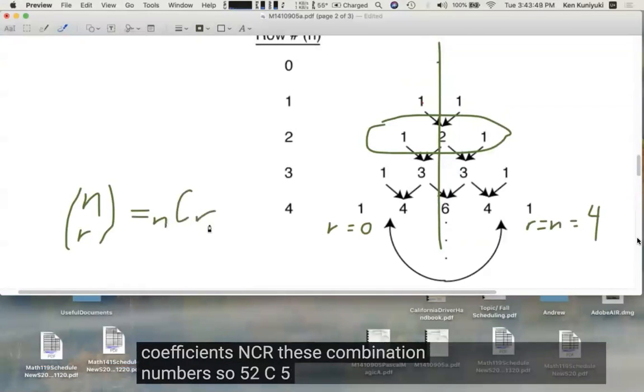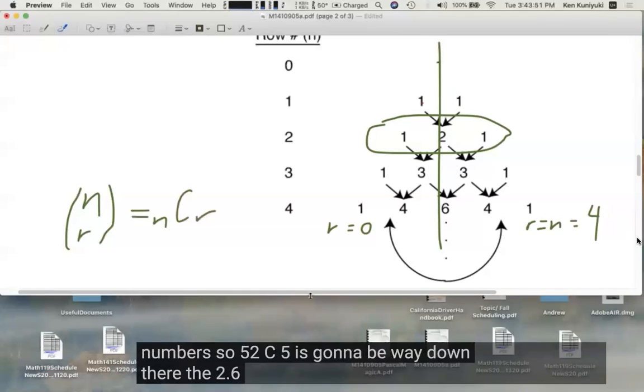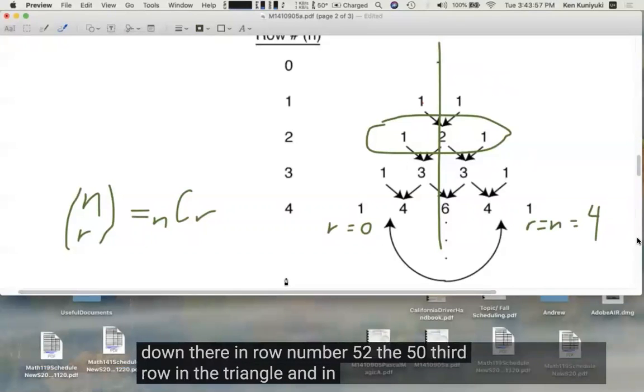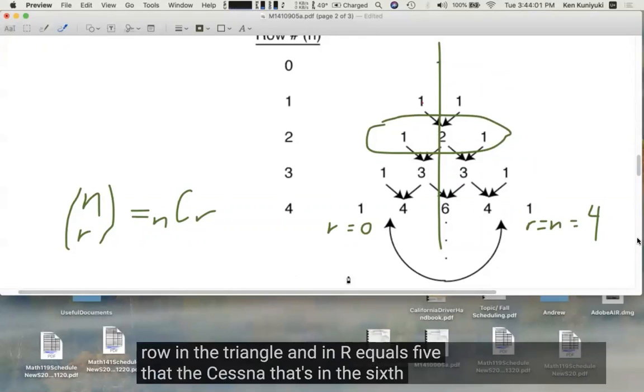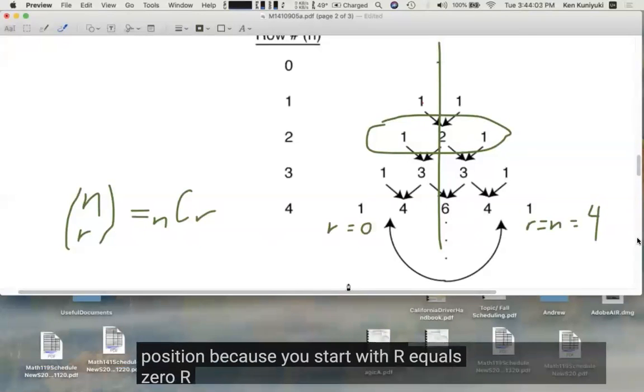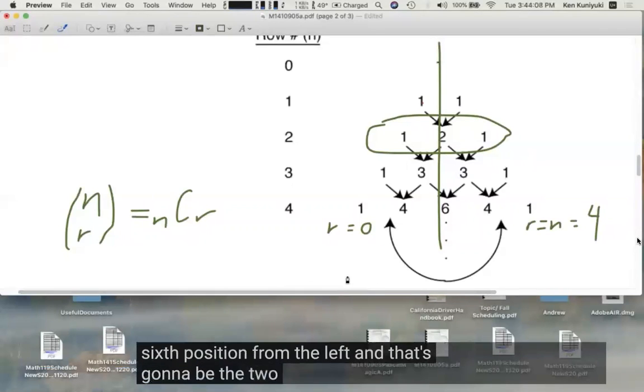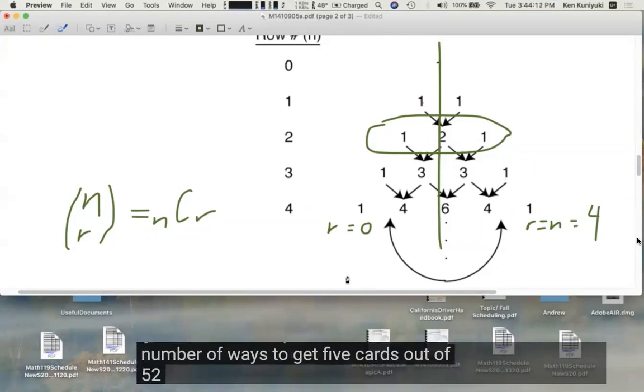So 52C5 is going to be way down there, the 2.6 million or so, in row number 52, the 53rd row in the triangle, and r equals 5 is in the 6th position because you start with r equals 0. That's the number of ways to get 5 cards out of 52.